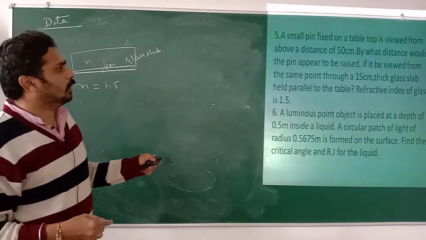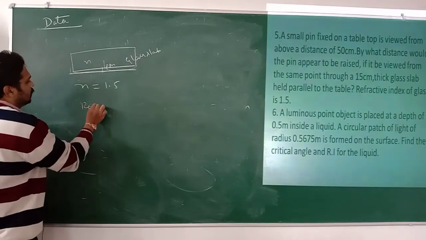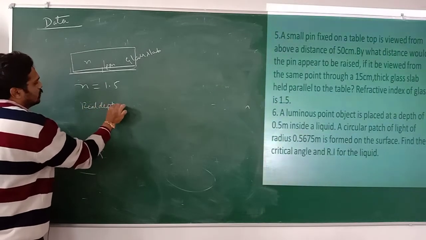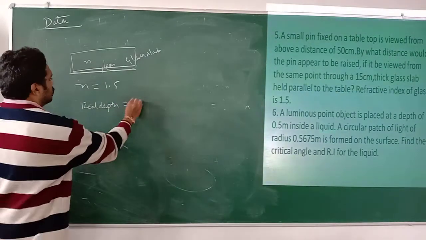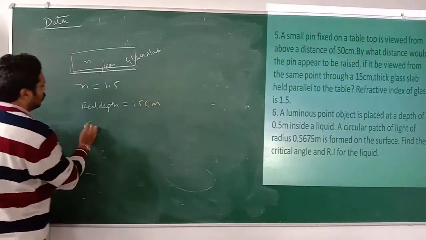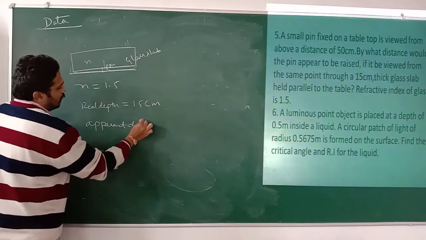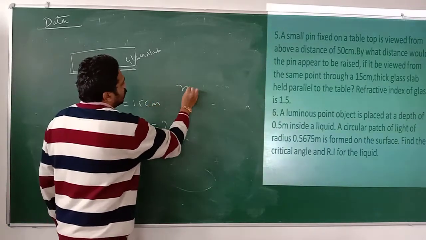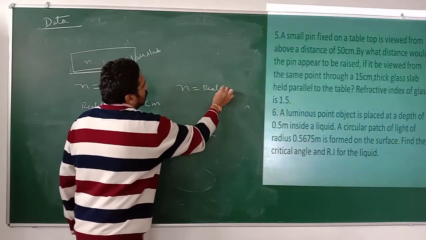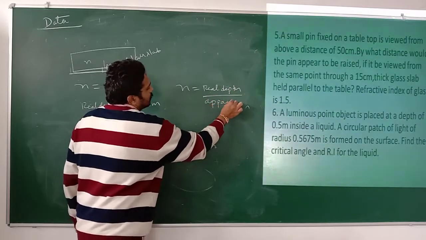They gave 15 centimeter, this is the real depth. The real depth is 15 centimeter. Then you have to find the apparent depth. Now we know the formula: N is equal to real depth divided by apparent depth.